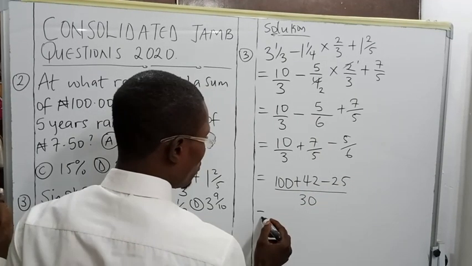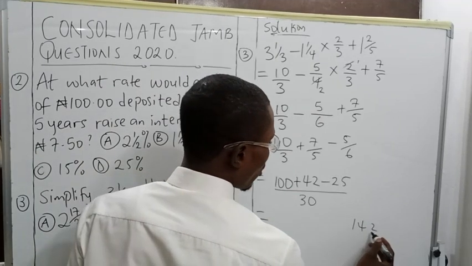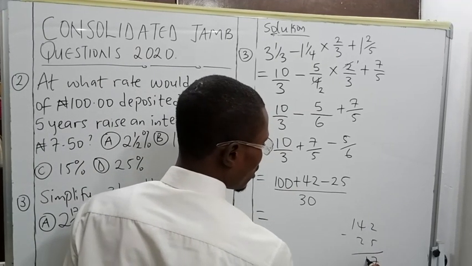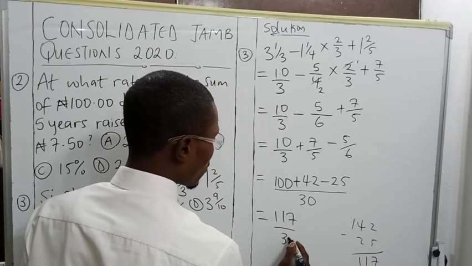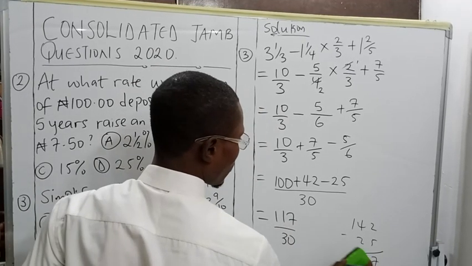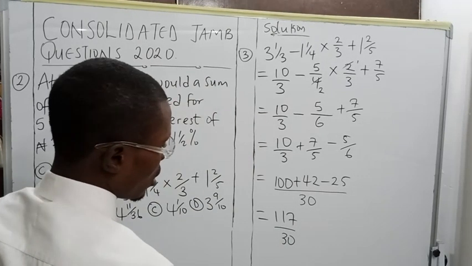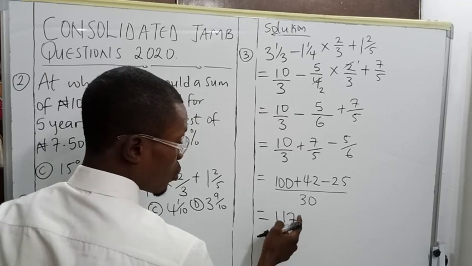And what will this give me? 100 plus 42, 142. 142 minus 25. Here is 7, here is 1, 1. I have 117 over 30. Right? 117 over 30. Can I break down? 1 plus 1, 2, 2 plus 7, 9. So 3 can go into this.